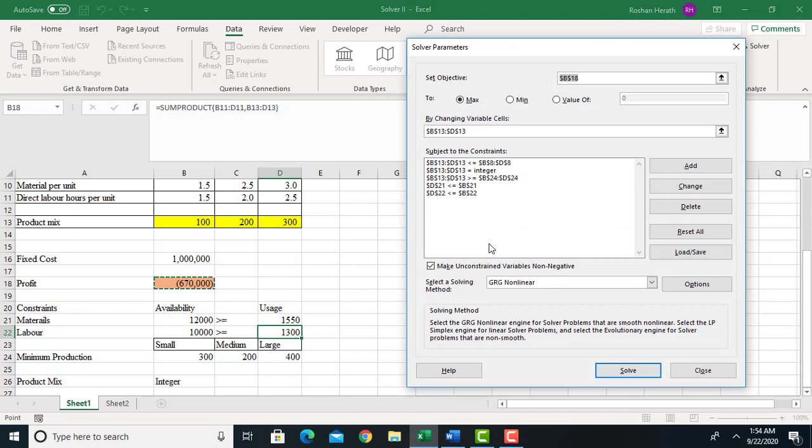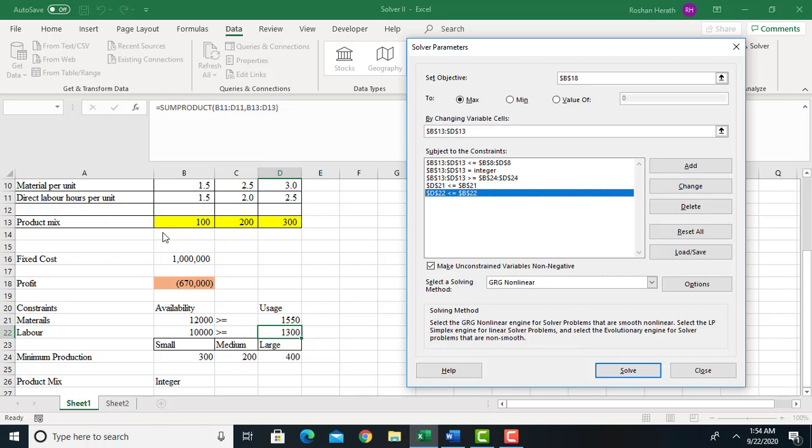You can check that. The first one is the material constraint that you had added. You mentioned that the material usage must be lower than the availability. So that is your fourth one here. Similarly the labor, where again the usage must be lower than the availability. That is the fifth.